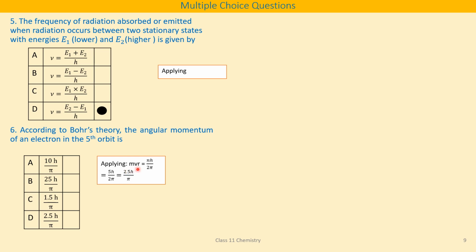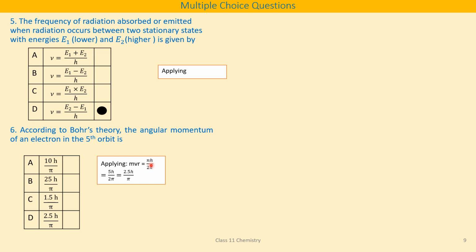So we should remember that angular momentum is m into v into r, where m is the mass of an electron, v is the velocity and r is the radius. MVR, the angular momentum, is given by the formula nh divided by 2 pi. n is the orbit number and h is Planck's constant.